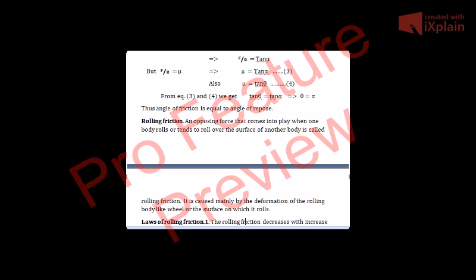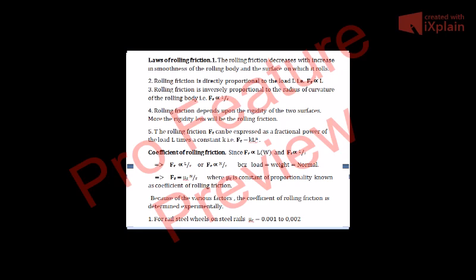So, laws of rolling friction. The first law of rolling friction is that rolling friction decreases with increase in smoothness of the rolling body and the surface on which it rolls. So if the two surfaces, the surface of the rolling body which rolls over the surface of another body, are both smooth, then the rolling friction will decrease.